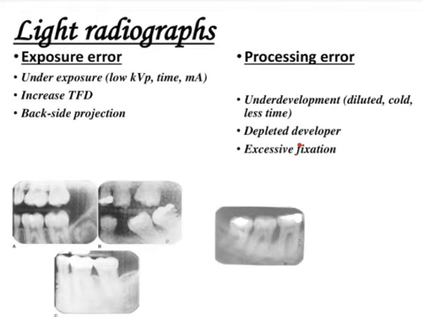So the amount of exposure that was required for the maxillary molar was not sufficient because the exposure button was selected to be mandibular. Okay. Then increased target to film distance.